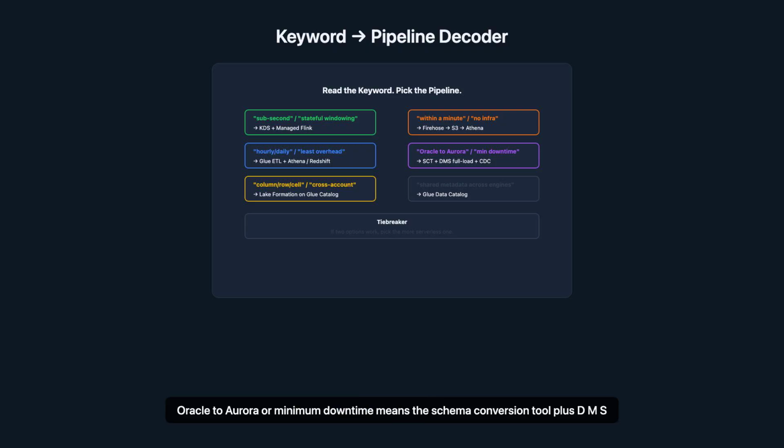Oracle to Aurora, or minimum downtime, means the Schema Conversion Tool plus DMS full load and change data capture. Column, row, cell, or cross-account access means Lake Formation on the Glue Data Catalog. And shared metadata across engines means the Glue Data Catalog itself. The tiebreaker: when two options both seem to work, pick the more serverless one.